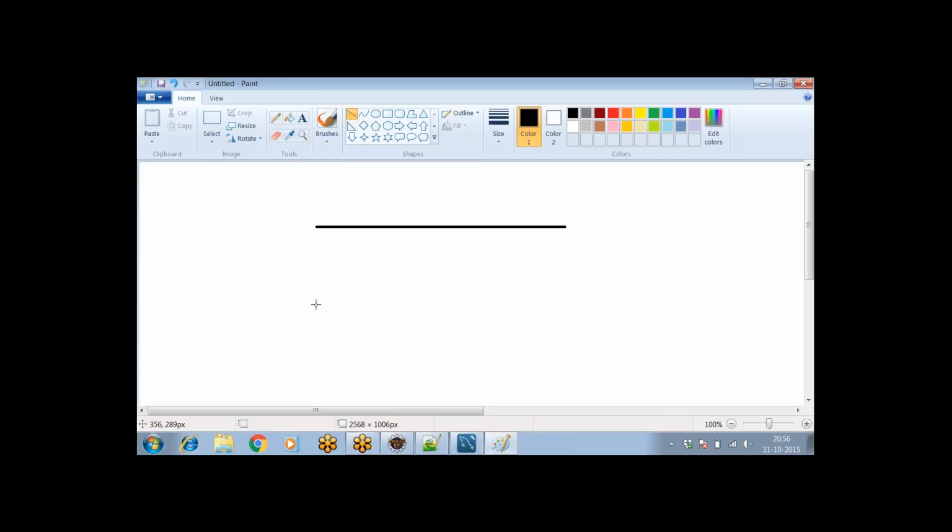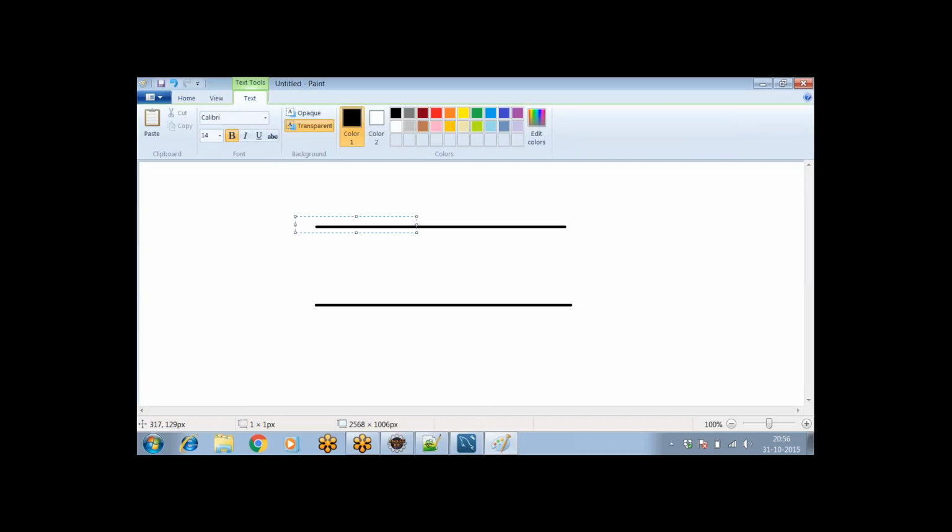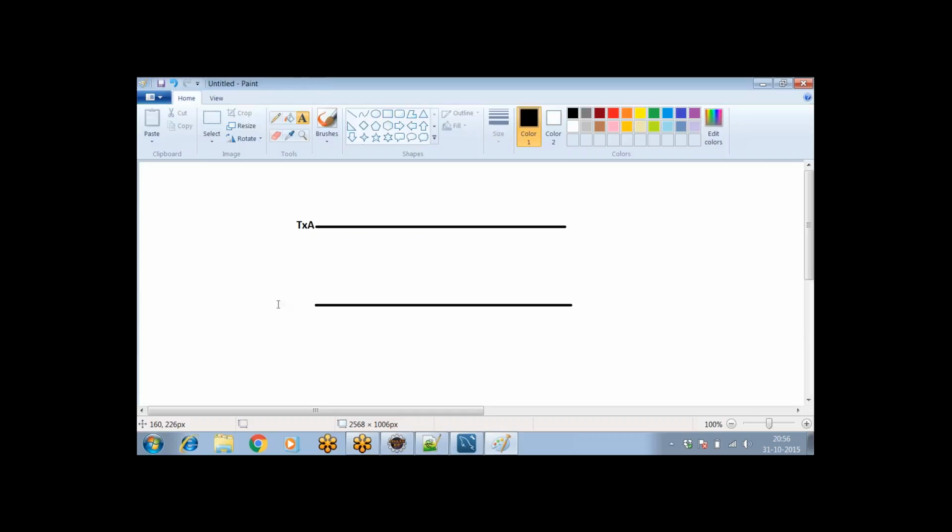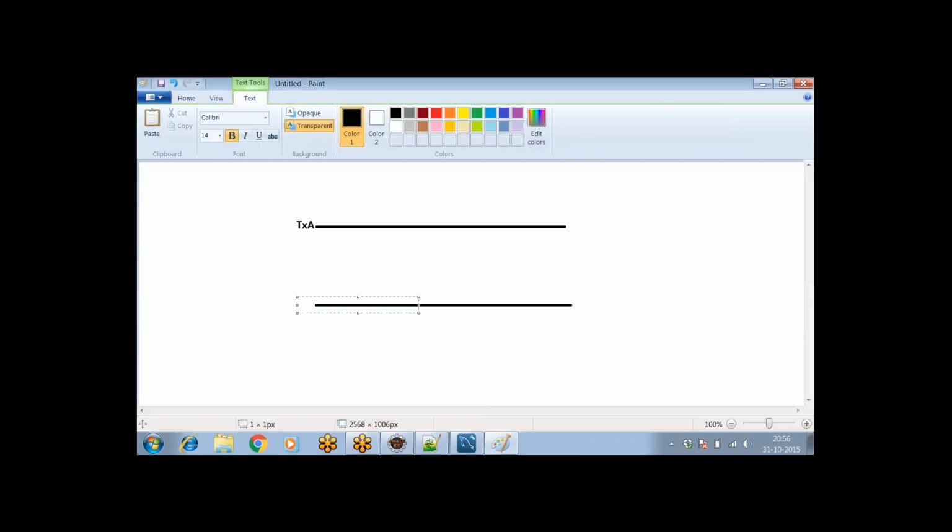If they update the same row, let's see what happens. Say these are two transactions, transaction A and transaction B.